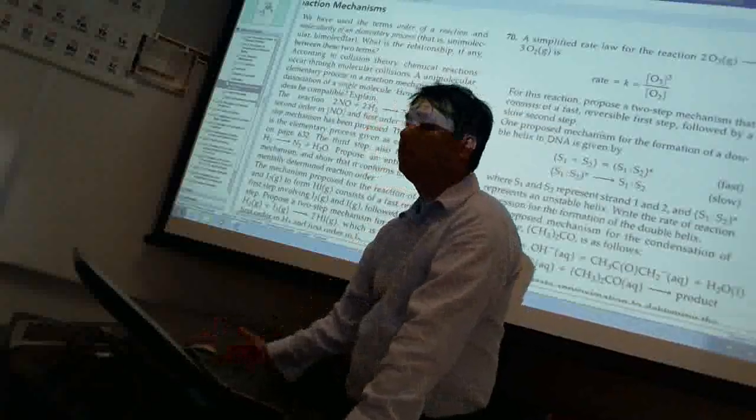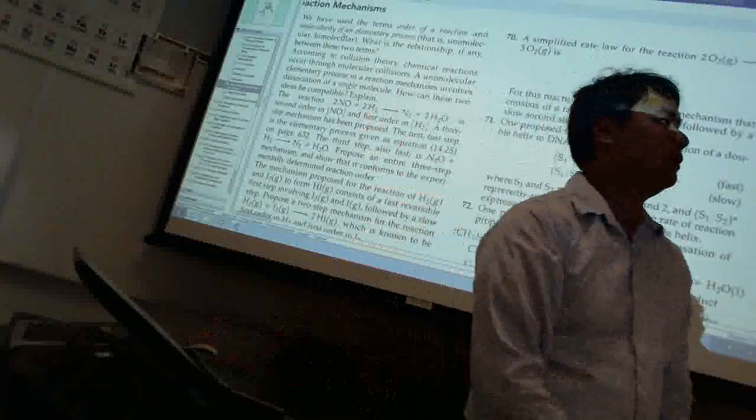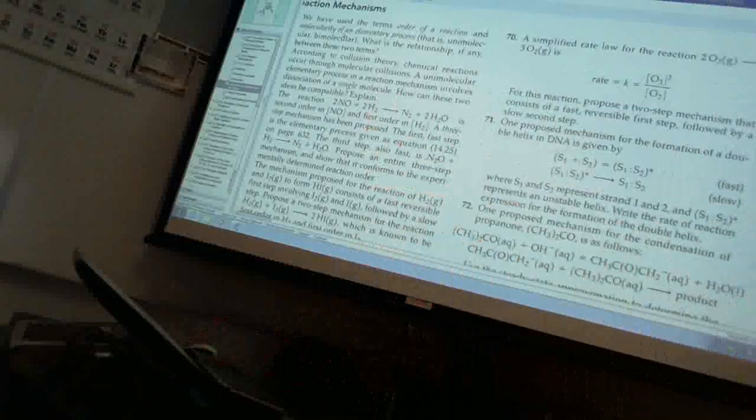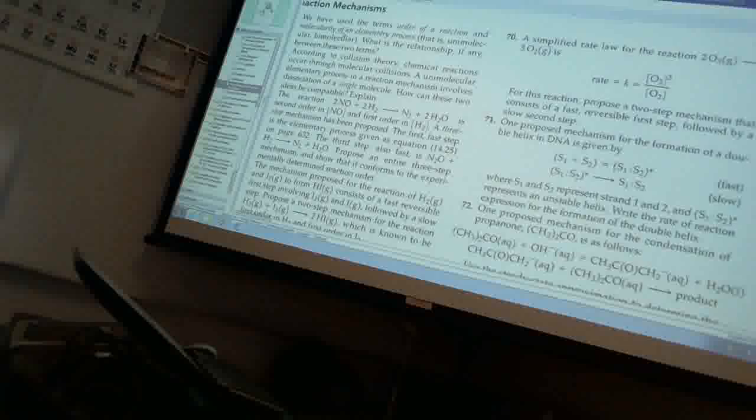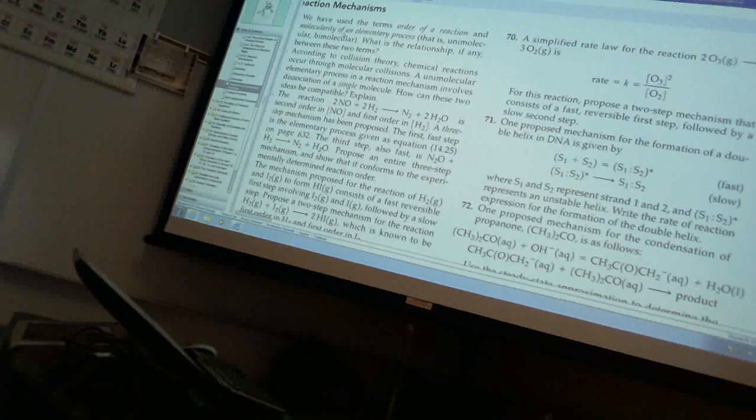Exactly. When it's only one step, like if this were just one step here, then what happens if I double the left ozone? What will happen to the number of collisions with the left ozone if I double it? It would double.